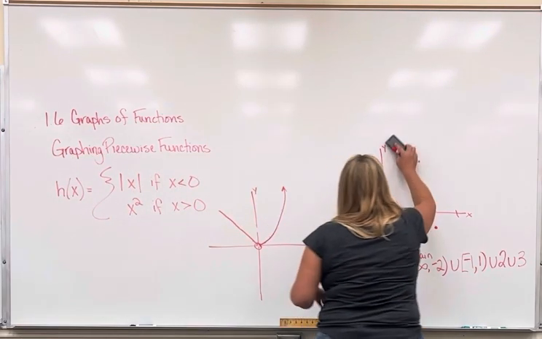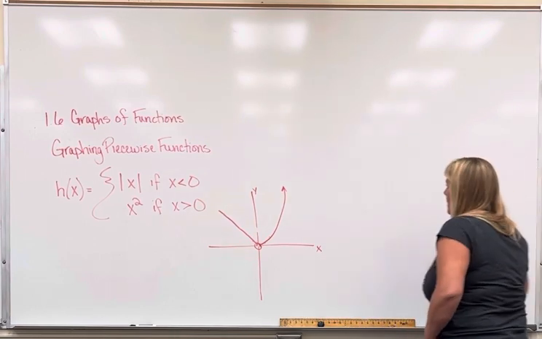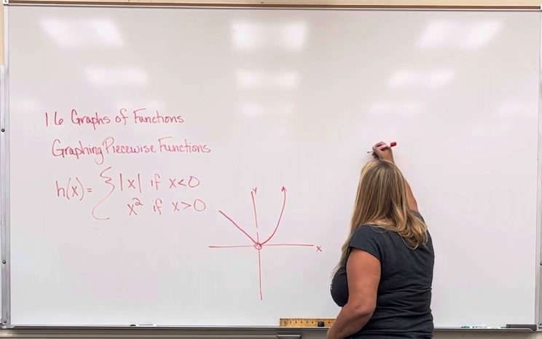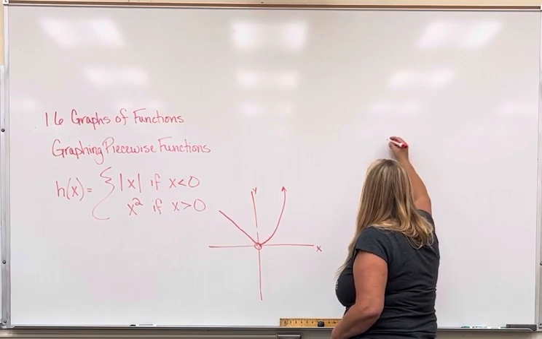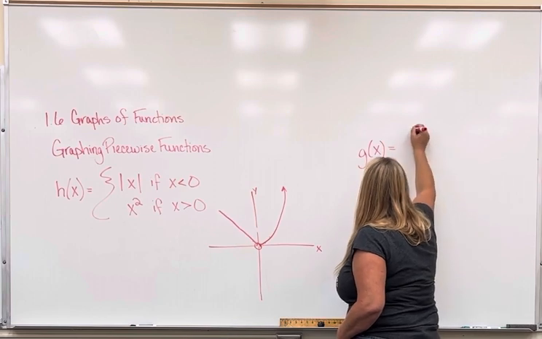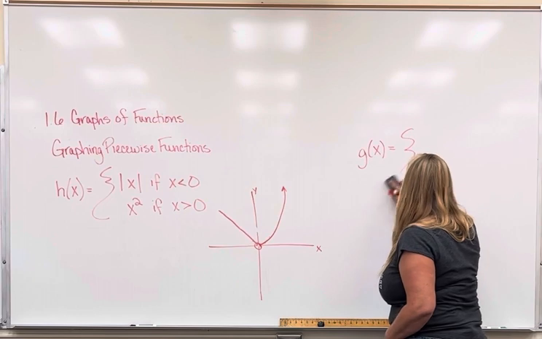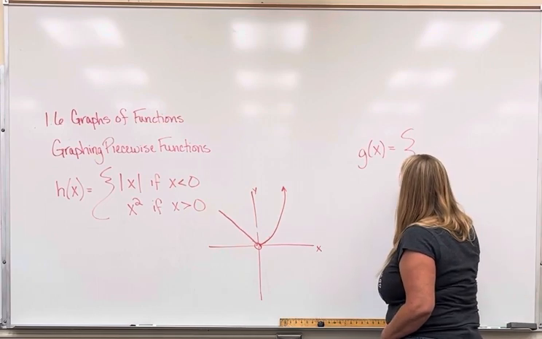All right, so let's look at another one. Let's say we'll call this g of x. And this one I'm going to make a little bit more difficult. Actually, I think I'm going to have 3 parts here. Make it a little bit longer.